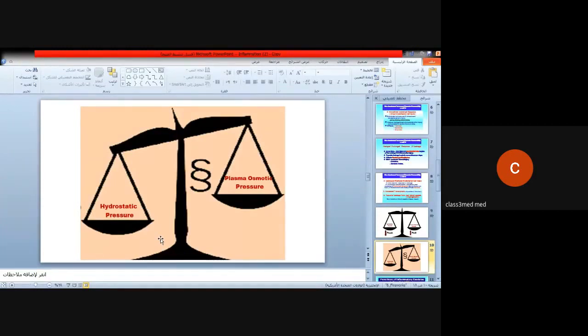In addition, osmotic pressure of interstitial tissue in the extravascular space is increased. Why? Because it gets protein from the intravascular space. Also, it is a pull of fluid towards there.